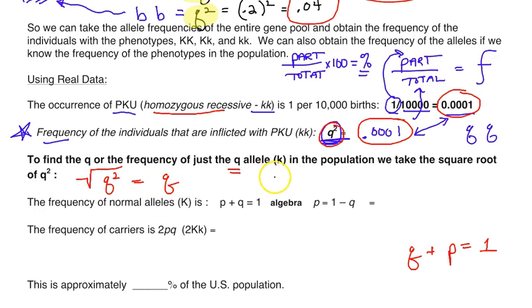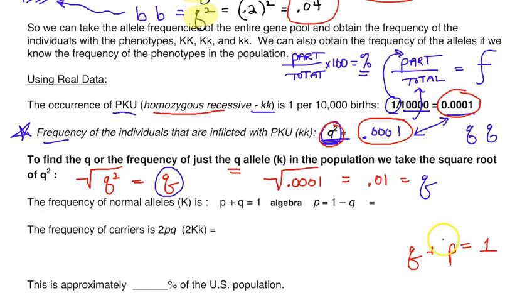So let's do that. Take the square root of 0.0001. When you put that in your calculator, what you're going to get is 0.01. What did we just solve for? We solved for q. We just found the frequency of the number of chromosomes that have the recessive allele. It's 0.01.